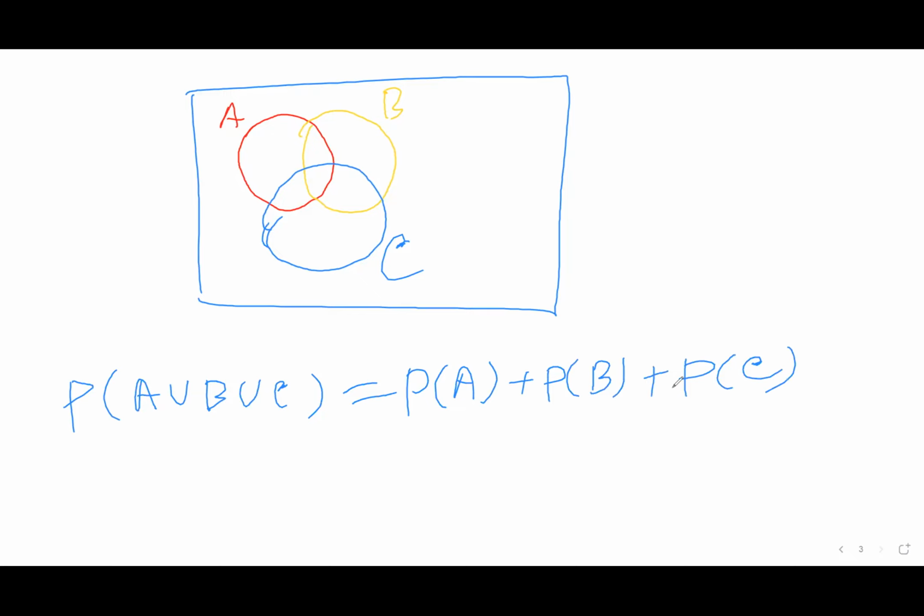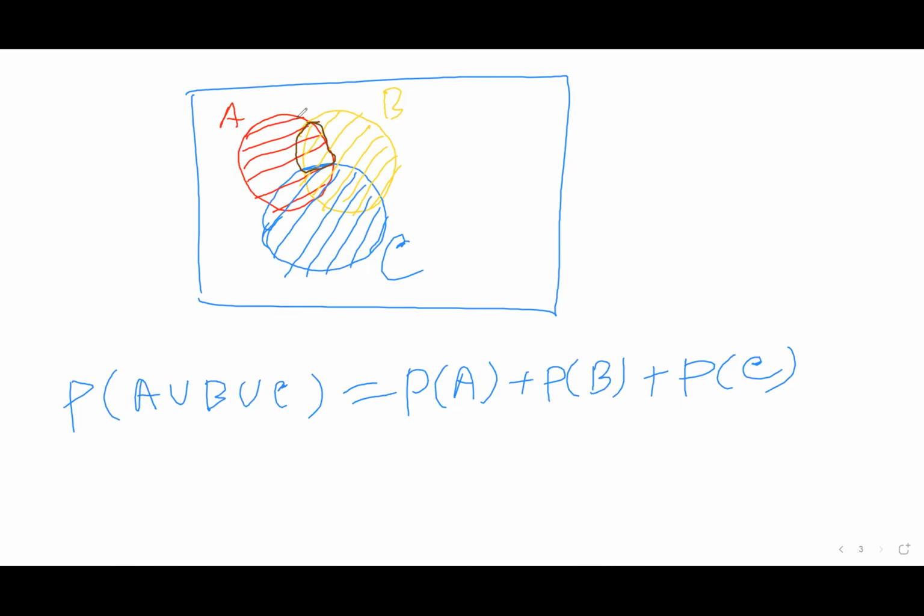So when you are adding them together, what is happening here actually? If you shade them, this is red, this is our A. This is our B. This is our C. How many colors do we have in this part?